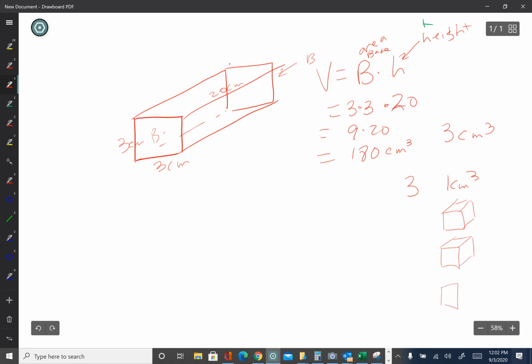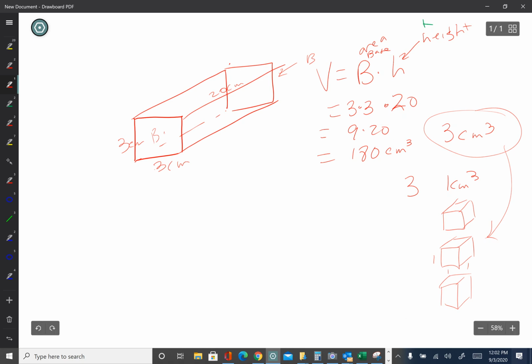What kind of cube? A centimeter cubed. Well, what's a centimeter cubed? It's 1 centimeter by 1 centimeter by 1 centimeter. So when you see 3 centimeters cubed, you're really seeing 3 cubes that are all 1 by 1 by 1. That's what centimeters cubed is.